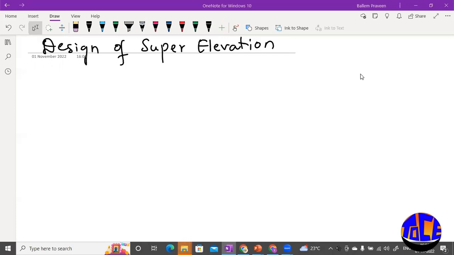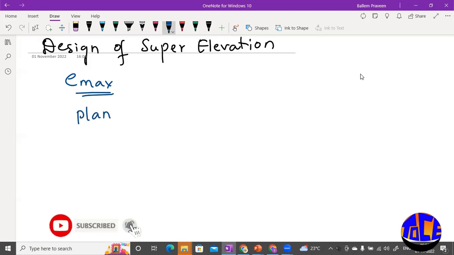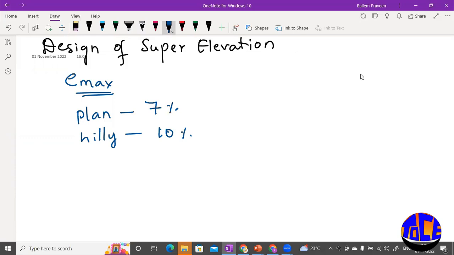Before going to the design of super elevation, let us see the maximum values of super elevation as per IRC. So Emax, if it is for a plain terrain, the maximum value is 7%, and for a hilly terrain, 10% is the maximum value, and for urban roads it is 4%.